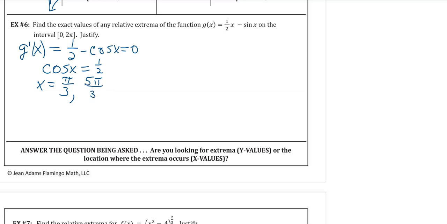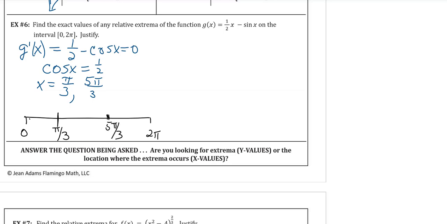So we're going to make our sign chart from this. Actually, I don't need arrows on the end. I just need endpoints. So here's 0, here's 2 pi. So we're going to have one critical number at pi over 3, another one at 5 pi over 3.